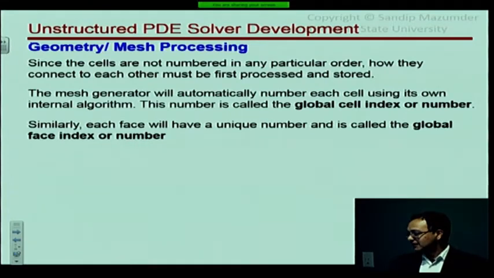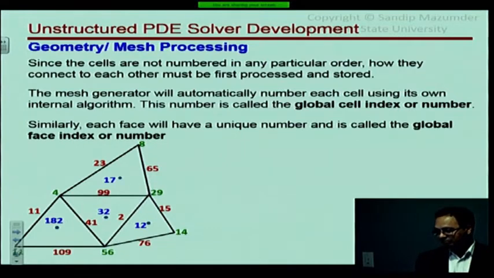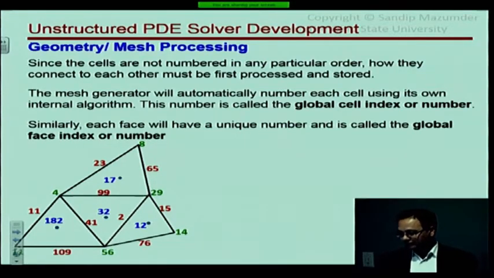Same thing with face numbering. It will use an internal algorithm of its own and come up with a unique number for each face. Here is a simple example of some numbers. Of course this is a triangular mesh, but it could be applicable to a Cartesian rectangular mesh too.